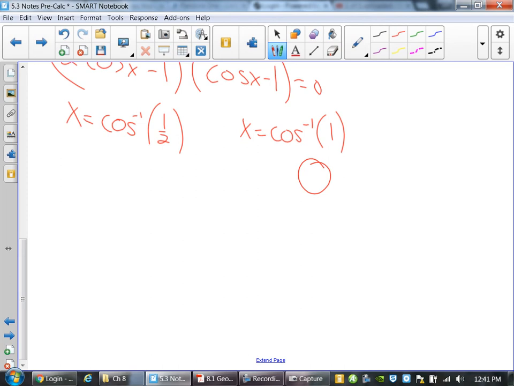Zero. What angle has a cosine of 1/2? So pi over 3, cosine's positive in 1, and cosine's positive in 4. Yeah, sorry.